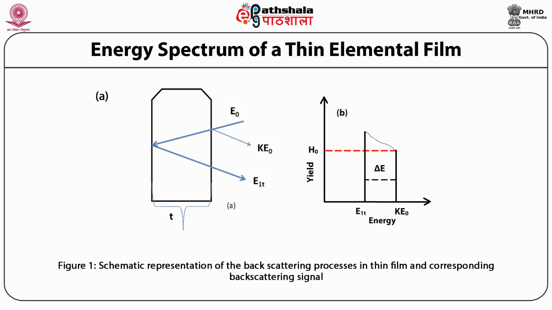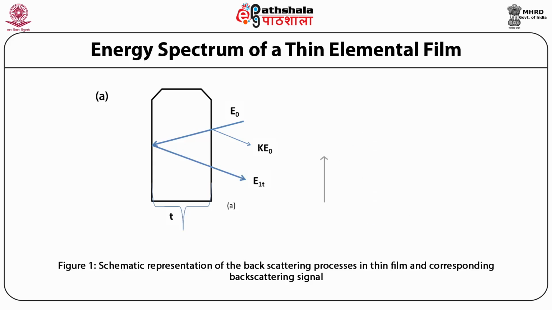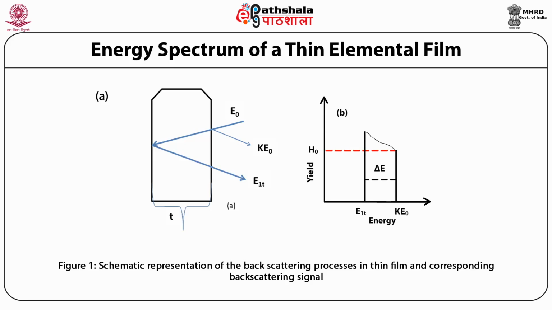The two quantities of interest are the energy width delta E of this signal and A, the total number of counts added over all channels in the signal.